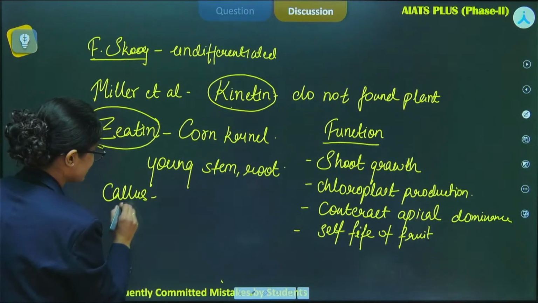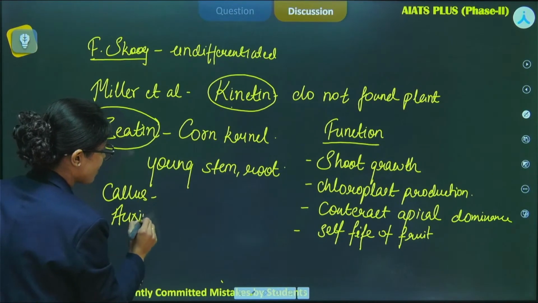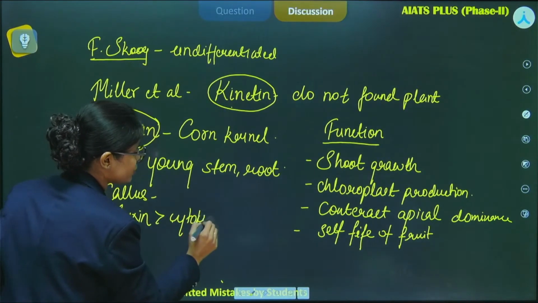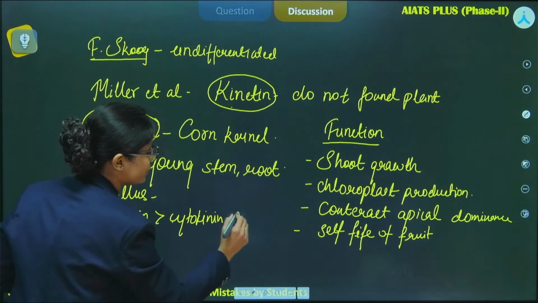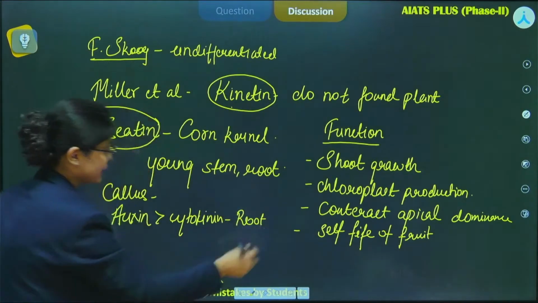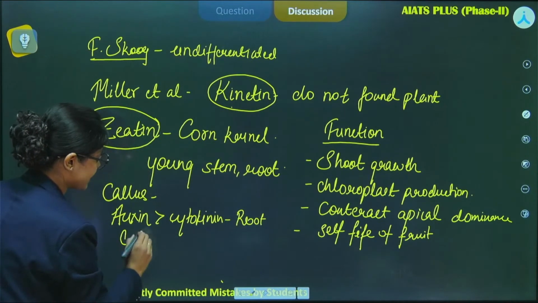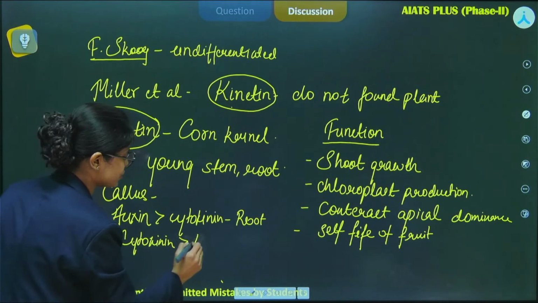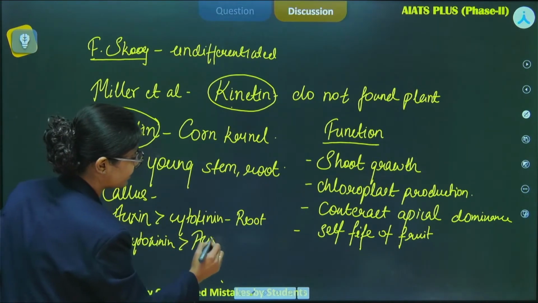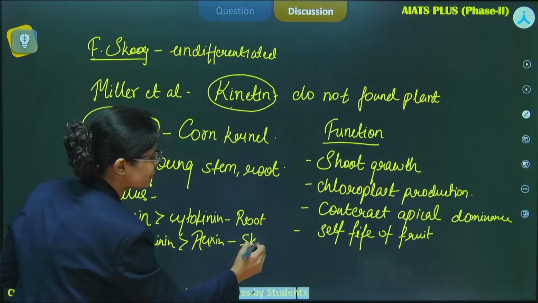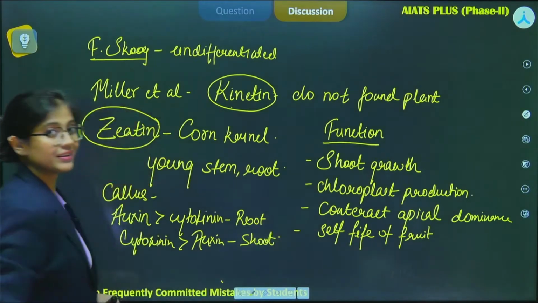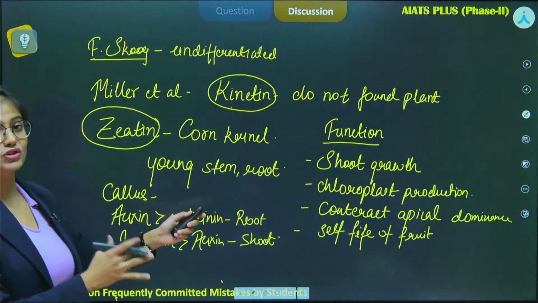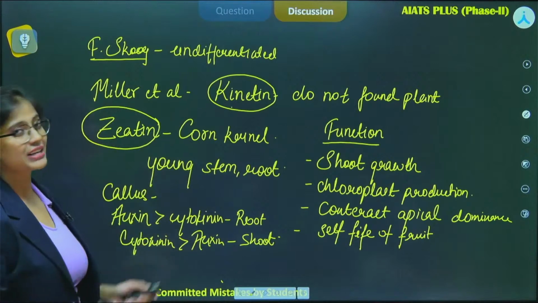If the concentration of auxin is more than cytokinin in the tissue culture, it will lead to root formation. If the opposite occurs, and cytokinin is more than auxin, then shoot formation will take place. Right? So these are the physiological functions of cytokinin.